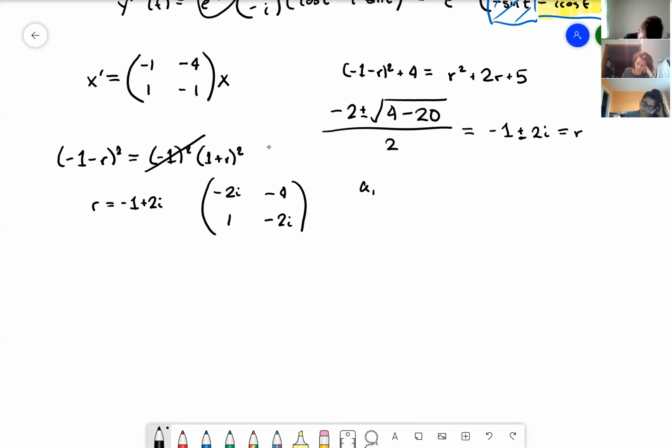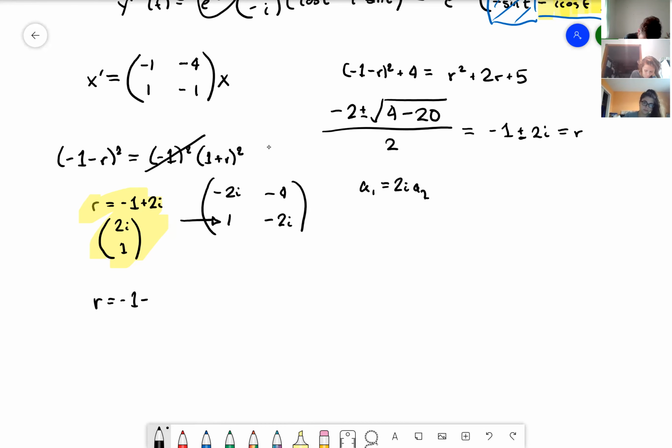Anyway, a1 equals 2i a2. I'll pull that from the second row here. And I get the eigenvector 2i, 1. Highlight that so we don't lose it.